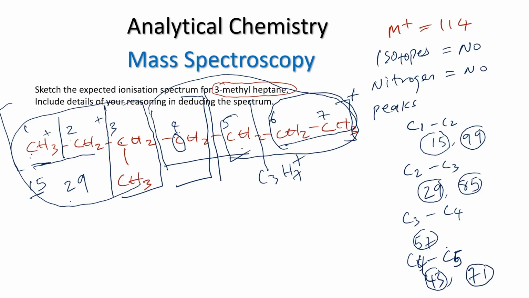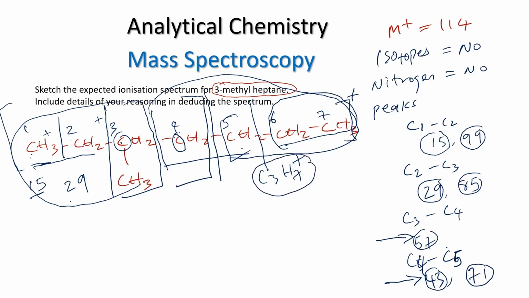Here our base peak is 57, due to the stable carbocation on carbon number 3. You're also going to have another very prominent peak at 43.